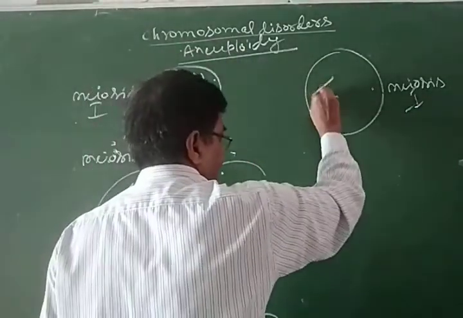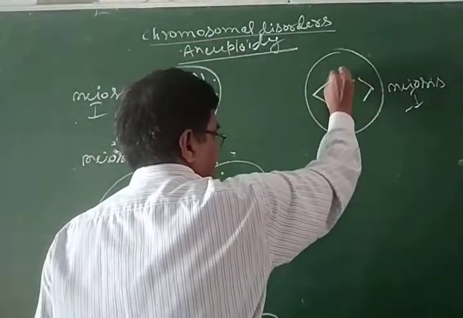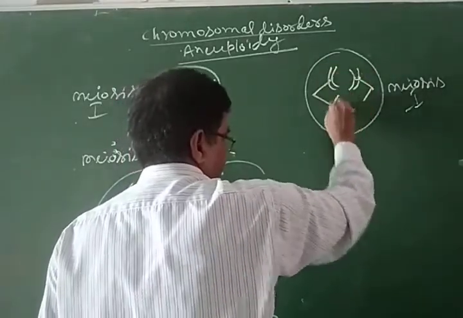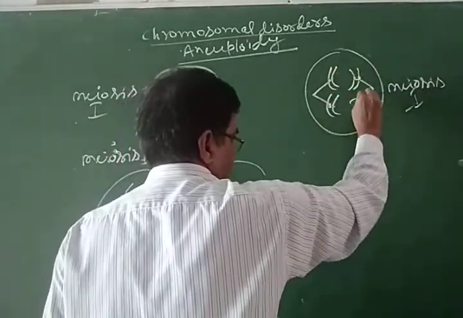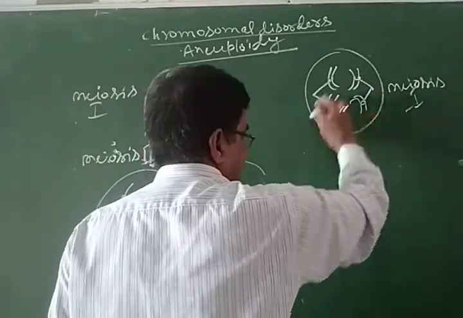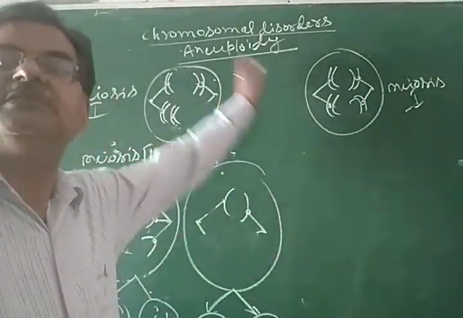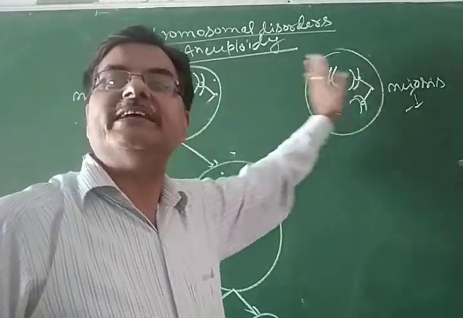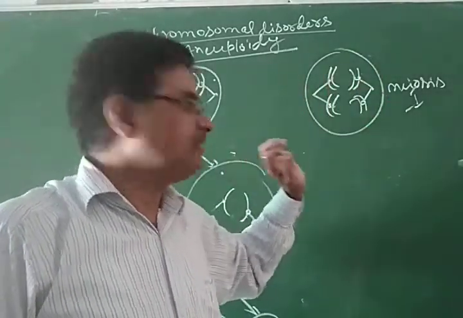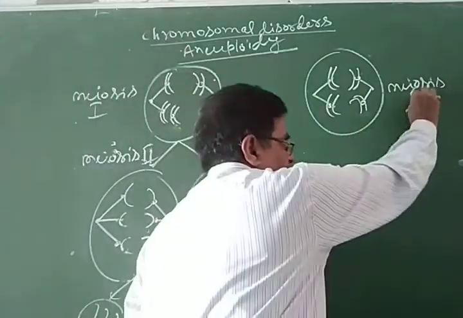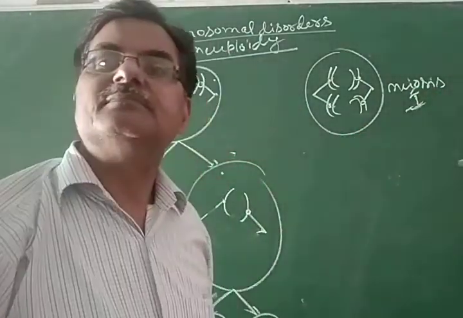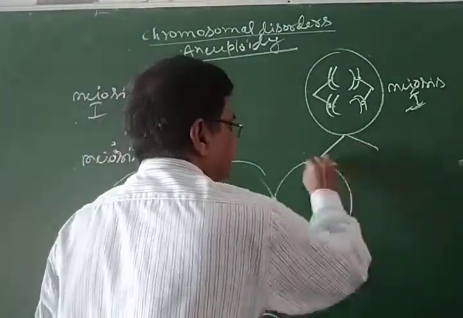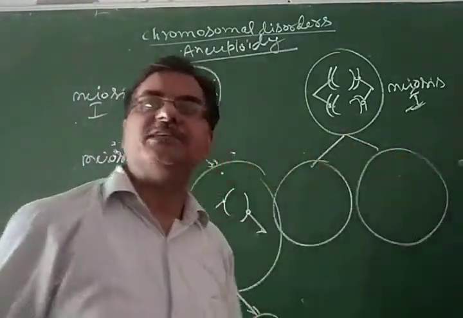Suppose these are the homologous pairs of chromosomes. They are normally segregated. This is the normal segregation of homologous chromosomes in the anaphase 1 of meiosis cell division. After that, this cell will divide to form the two daughter cells.